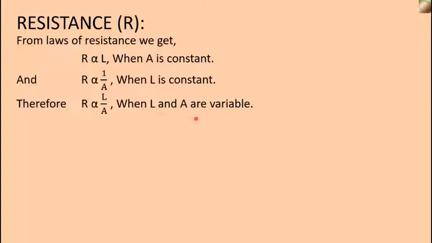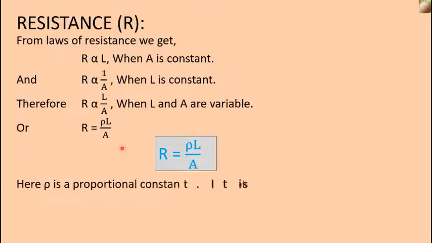Here L and A both will be changed. R is proportional to L divided by A, or R is equal to rho L by A. Here rho is a proportional constant.